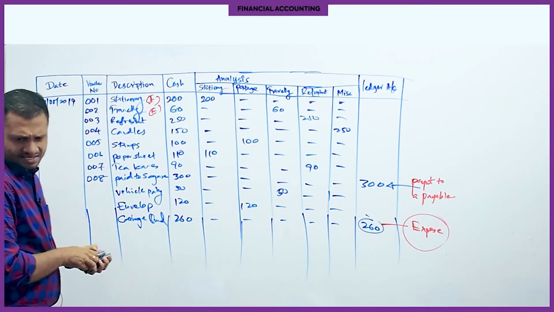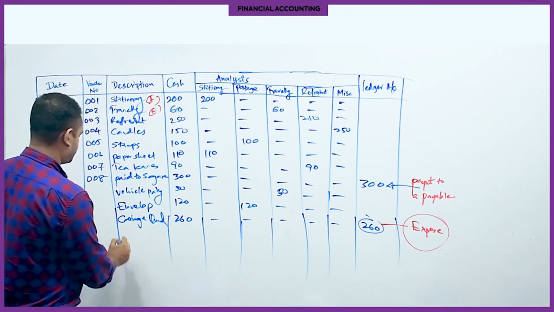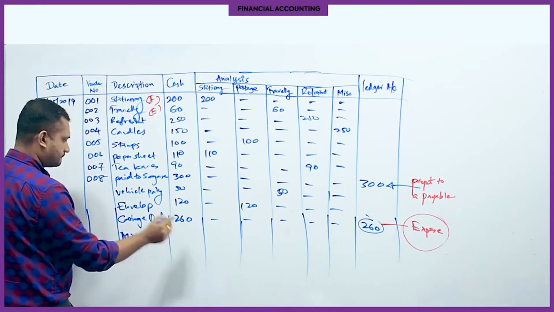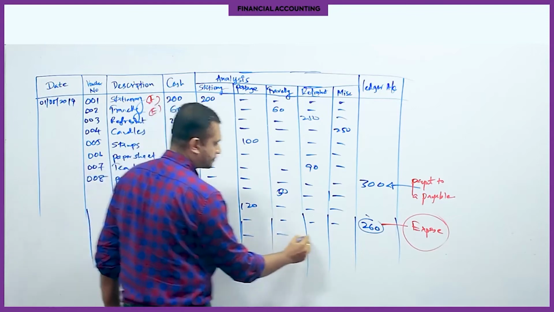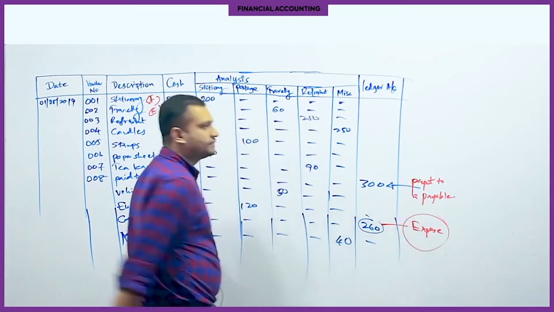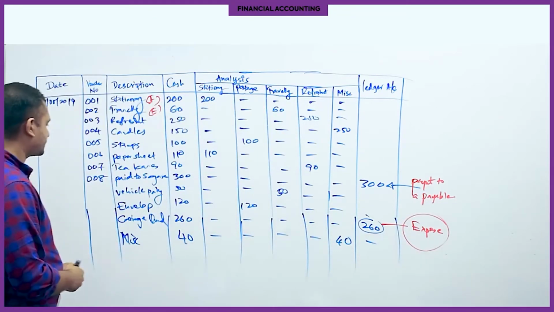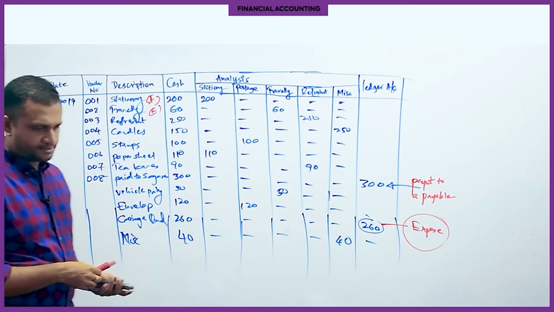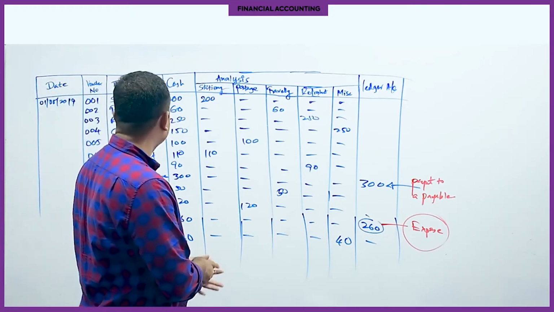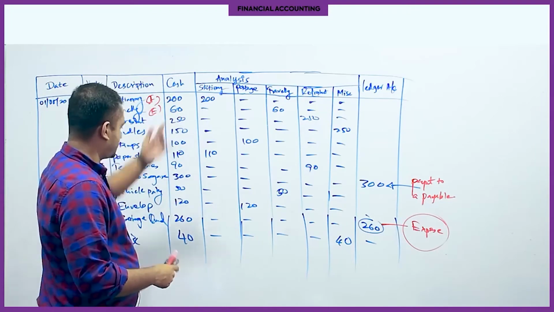And some miscellaneous items 40. So, these are the transactions. So, we can see these are the petty cash payments.